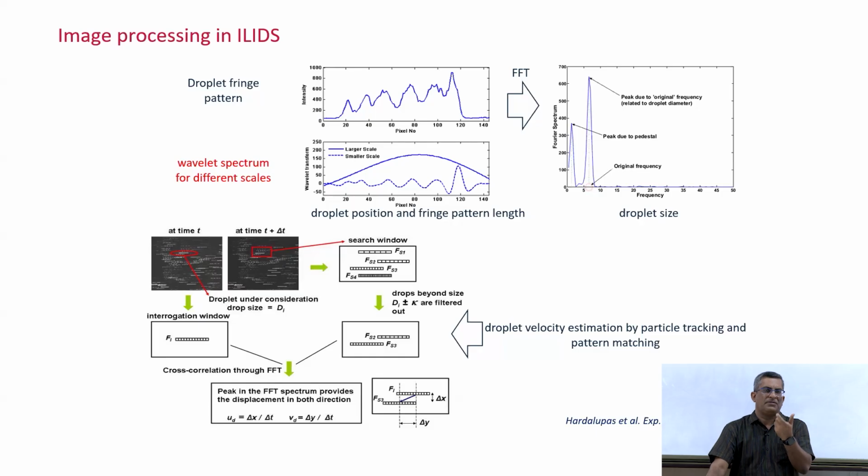For example, if a fringe pattern has a very low signal to noise ratio, we reject that. Because of this rejection, the validation ratio comes down, so the number density is usually underestimated. However, if you are interested in relative number density, so let's say compared to this location, what happens to number density at this location, you can get that information from here.